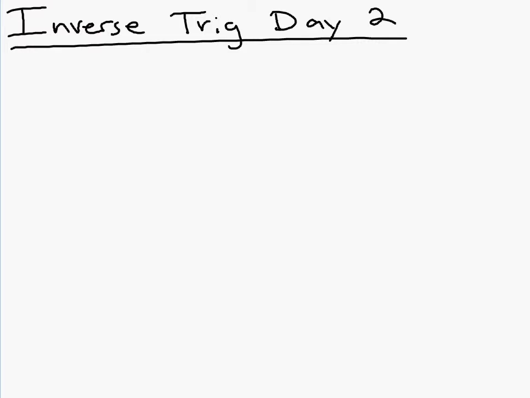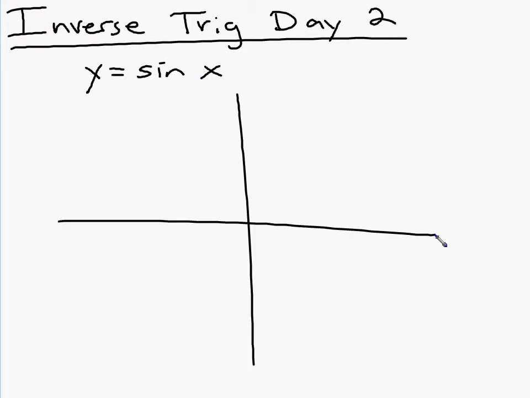Today we're going to move on with inverse trig, and I want to pick up where we left off yesterday, which was looking at sine of x, and we said that it would have an inverse if I restricted the domain to negative pi halves to positive pi halves.